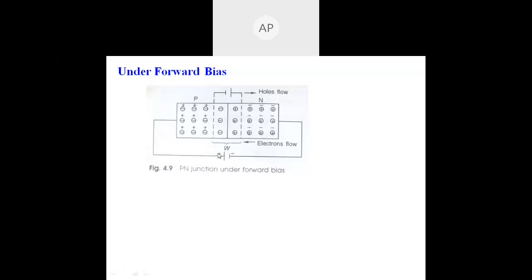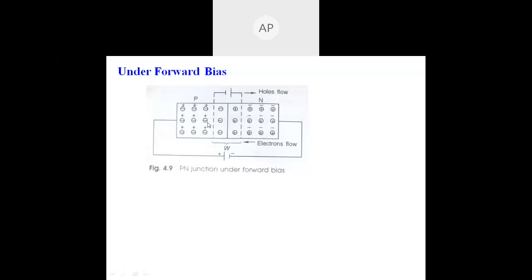If we apply an external voltage V that is more than the barrier potential, then the barrier depletion layer will be destroyed or broken. Once it breaks, the ions disappear, and then these holes will combine with the electrons, or these electrons will move to the holes.